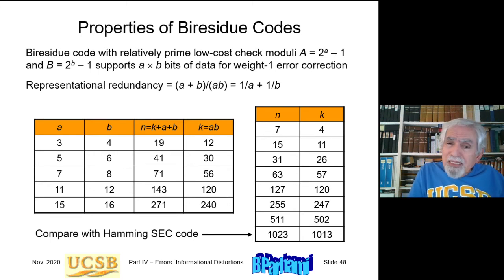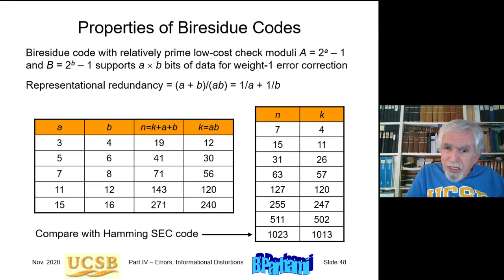So redundancy, as is the case for almost all codes, improves. Here you had 7 redundant bits for 12 data bits. That's about 60%. Here you have 23 redundant bits for 120 data bits.